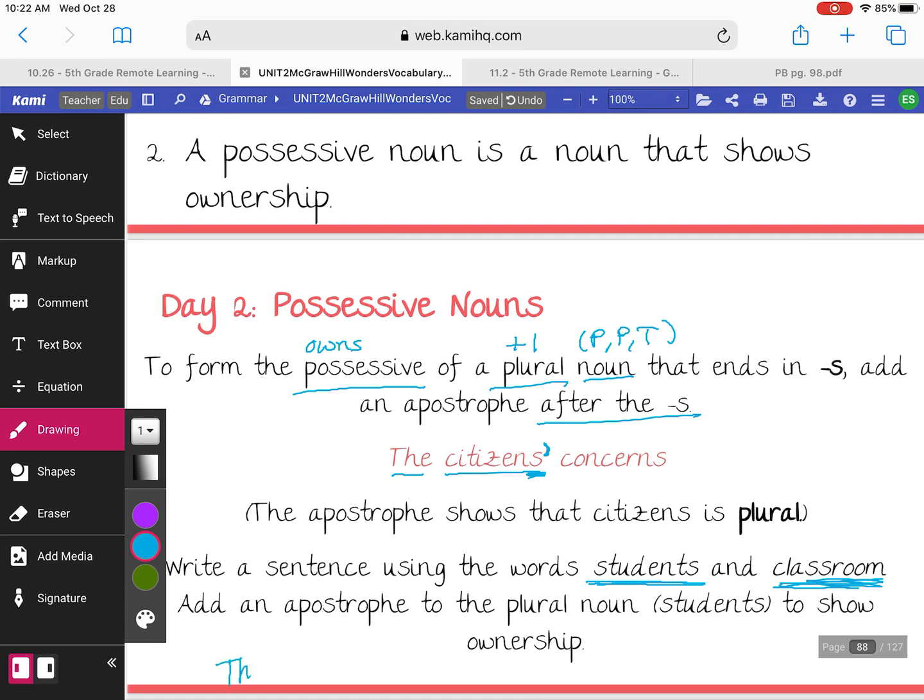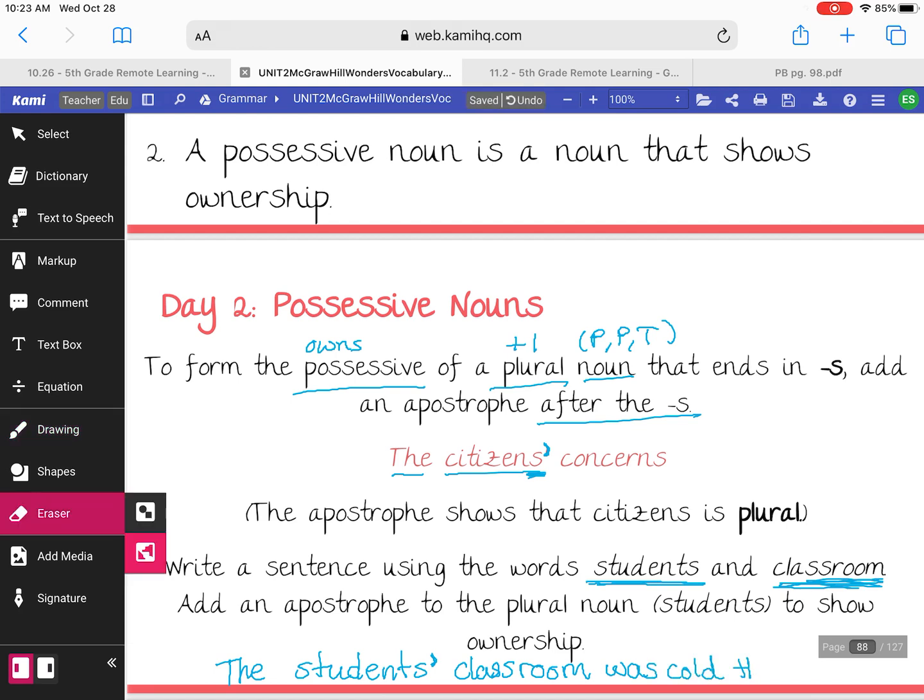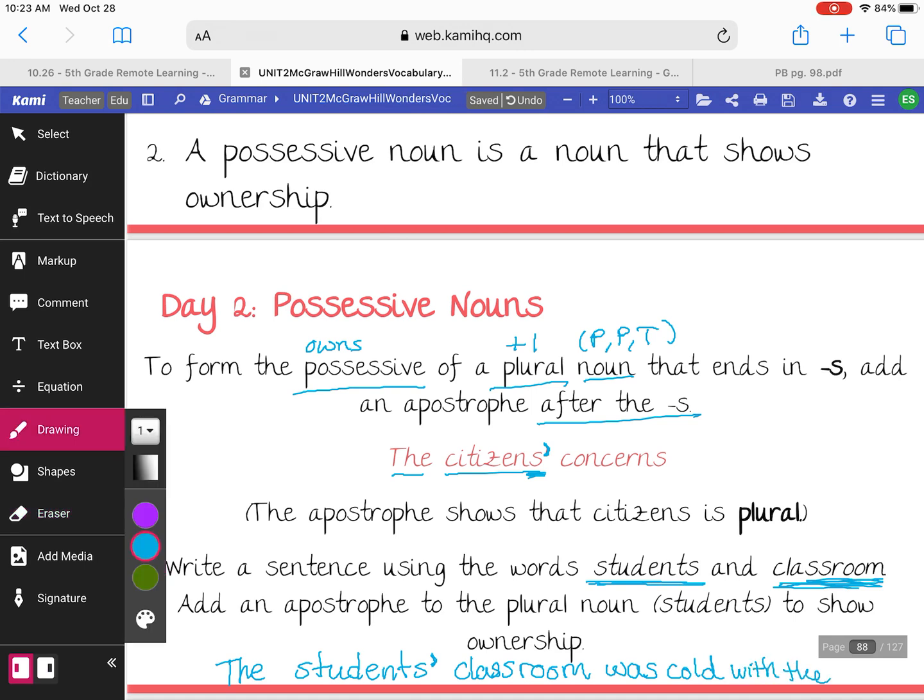So I'm going to say the students', apostrophe on the outside because it's more than one, classroom was cold with the window open. What you're looking for here is that you put the apostrophe after the S because there's more than one, and then you put what they owned next to it.